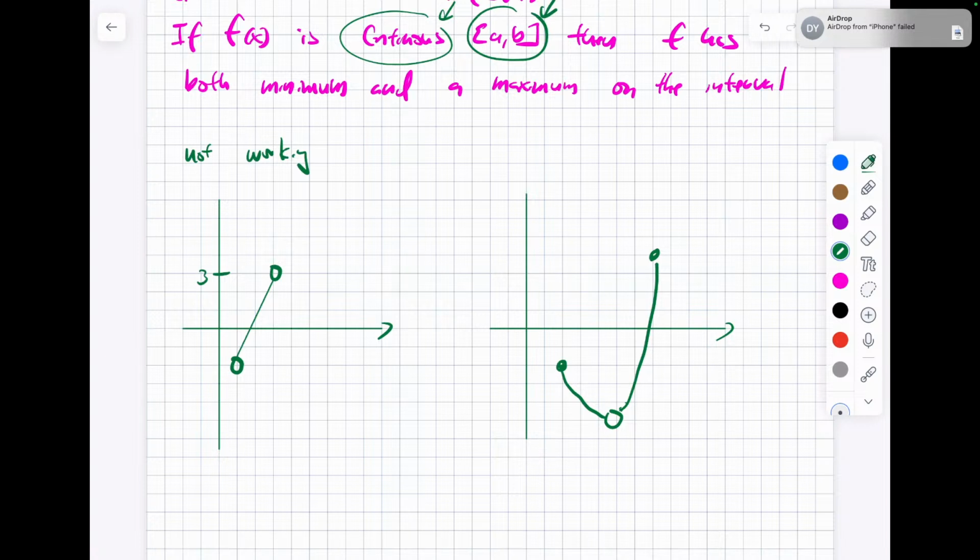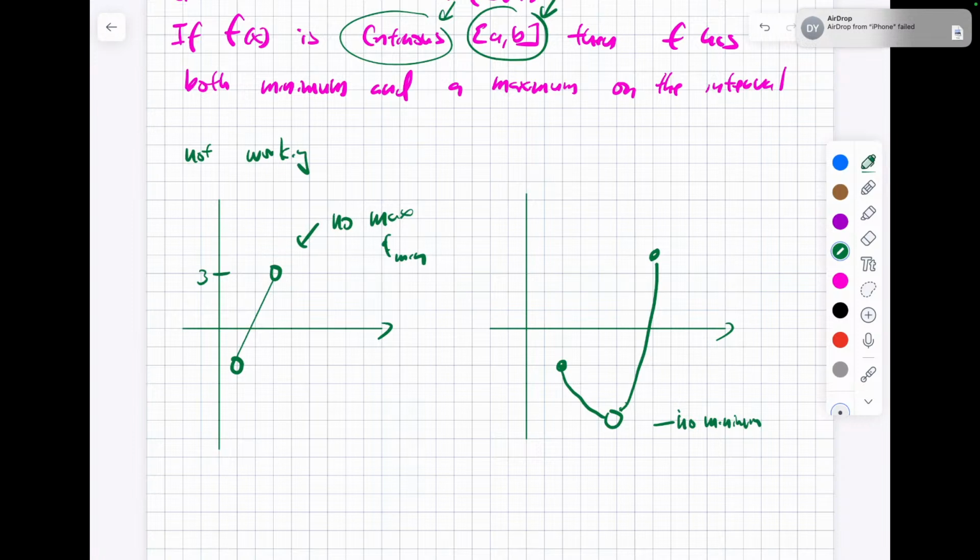An asymptote is even worse because it's not continuous. You don't know where the minimum value is. Asymptotes are worse than holes, but a hole would be a better example actually, because an asymptote is really easy to tell. There's no minimum or maximum. So there is no minimum here, and there's no max and min.